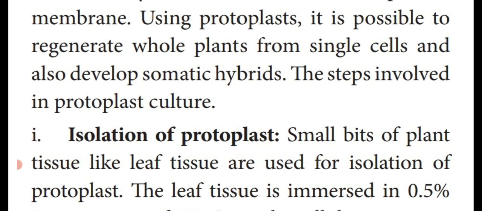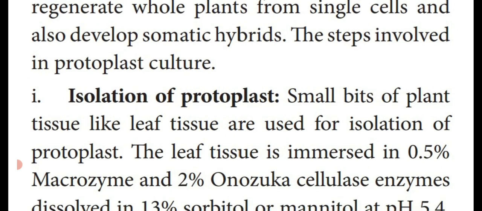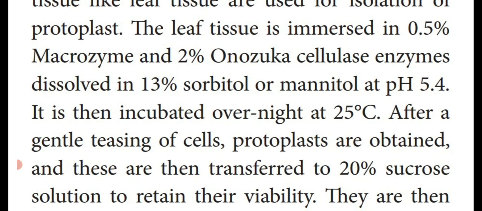Dear students, this protoplast culture is very, very important. It is a 5-mark question. Kindly note down. So the first process of protoplast culture is isolation of protoplast. We have to take a tissue of a leaf and place it in different chemical substances to isolate the protoplast. First, place it in 0.5% macerozyme and 2% Onozuka cellulase enzyme. Then after that, dissolve in 30% sorbitol or mannitol with pH 5.4.